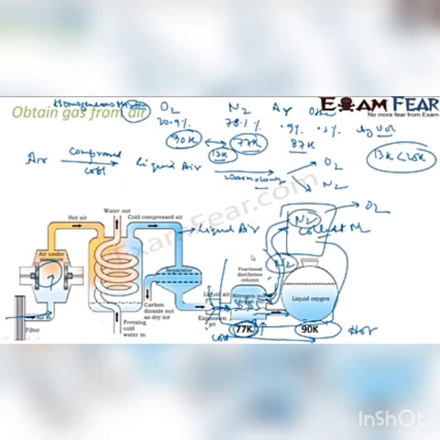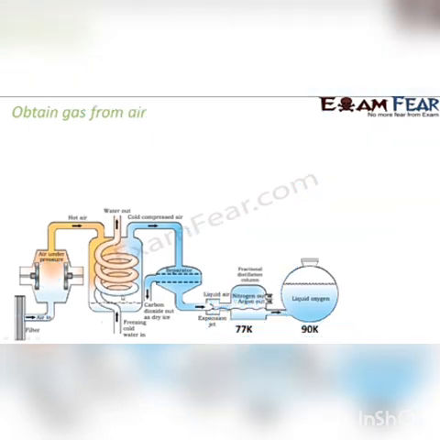Hope you understood the flow. So let me explain this once again. Here we have liquid air, and this part which you see is connected to a tank, and this is nitrogen.